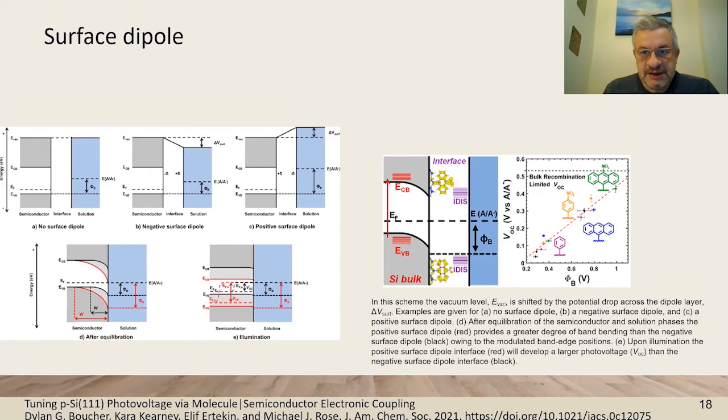So here is a change of dipole with different work functions, and then this is showing the change of the barrier represented in the open circuit voltage.